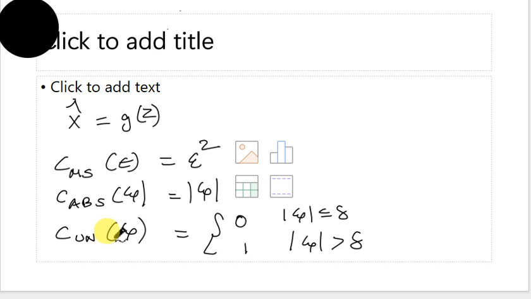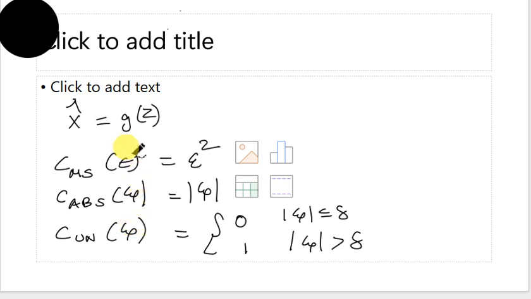Then the last one, CUN of epsilon, does not penalize if the absolute value of the error is within the bound of delta, but it penalizes all the errors which are above delta. Okay, in this case we are going in for CUN of epsilon.